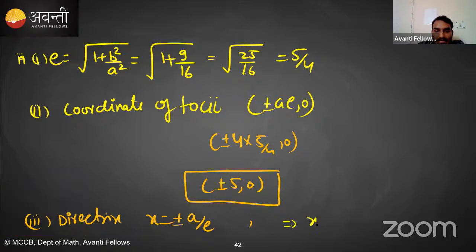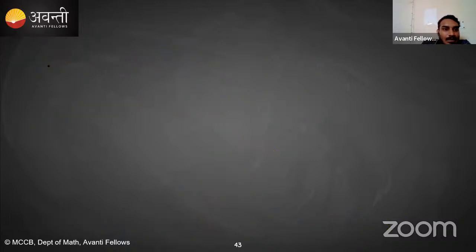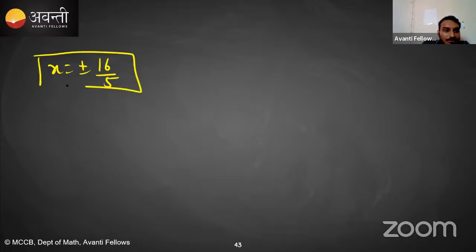It implies x is equal to plus minus a by e, where a is 4 and e is 5 by 4. So x is equal to plus minus 16 by 5. This is the directrix. There will be two directrices, right?